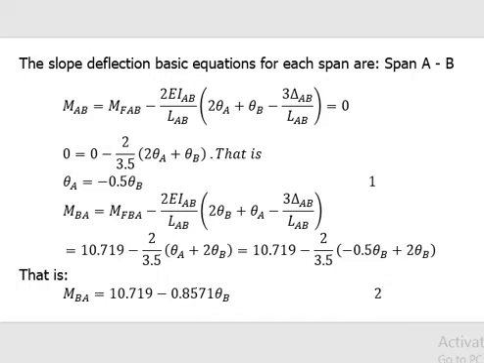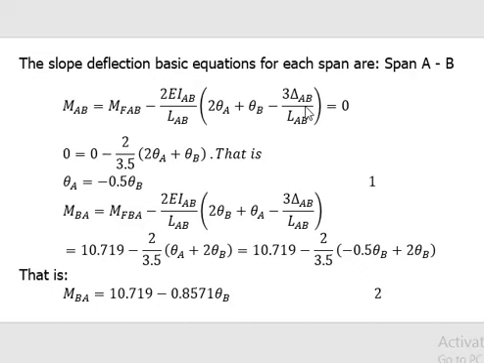The slope deflection basic equations for each span are written here. For span AB, I have to write MAB and MBA. Since A is an end support that is pinned, the moment there is 0. So MAB in this case equals 0. Then I write the equation for MAB.